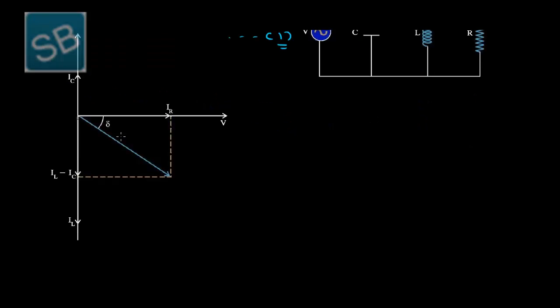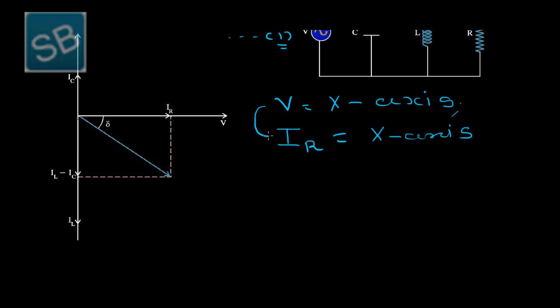So here is the phasor diagram in which we have taken the phasor of voltage V on the x-axis, and the phasor of current in resistance R is also on the x-axis. So the phase difference between V and IR, delta, is equal to 0.